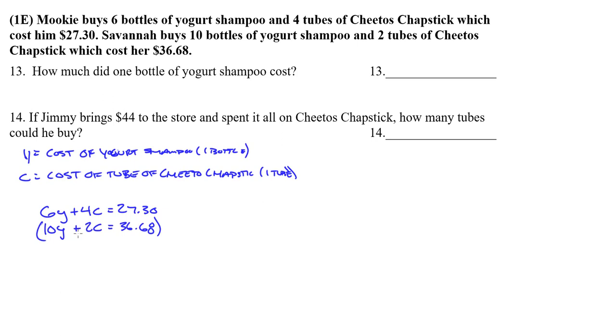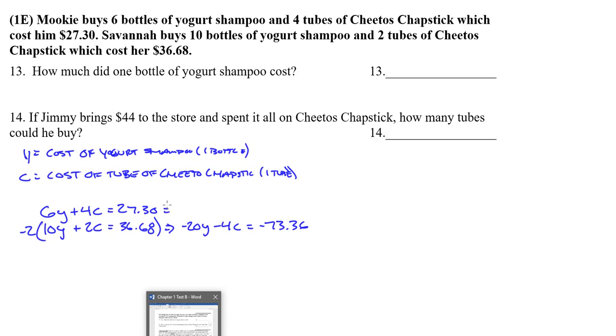2 times what? Negative 2 is going to give us negative 4 for that, and that's going to make the C's drop out, right? So distribute that negative 2 through, and we get negative 20y, right? And then minus 4c equals, let's see, calculator. 36.68 times negative 2 gives us negative 73.36.